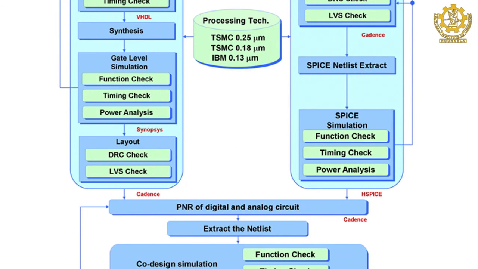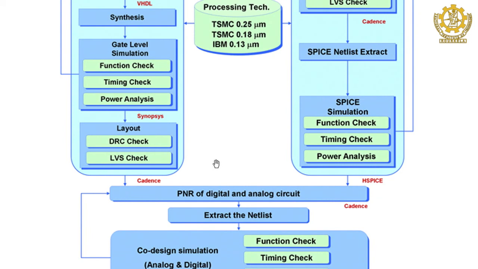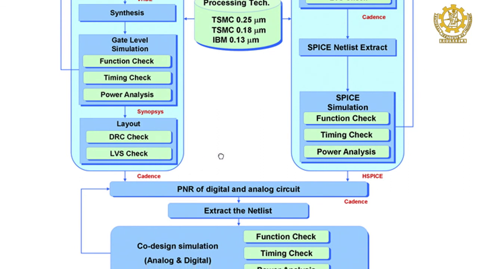meaning you have obeyed the design rules they have given. There are tools given by companies like Synopsys, and Cadence is another company mostly used at the physical level also, apart from synthesis and simulation. They are well proven in doing place and route, final IC placing and routing, and adding bond pads.